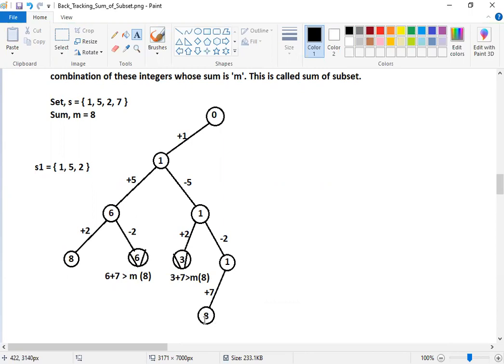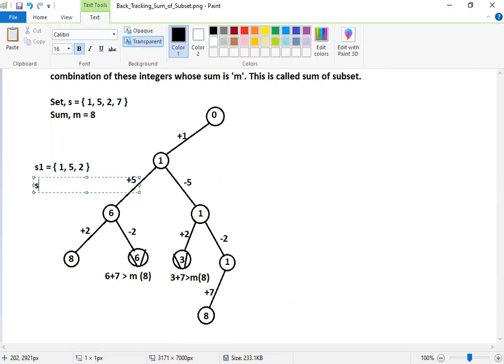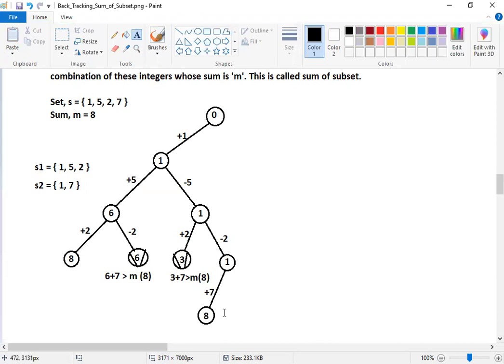Yes, because the total sum I have here is exactly equal to the m value given in the problem. In order to get this, I selected 1, then I selected 7. That means the second subset I have derived is 1, 7. Understood?